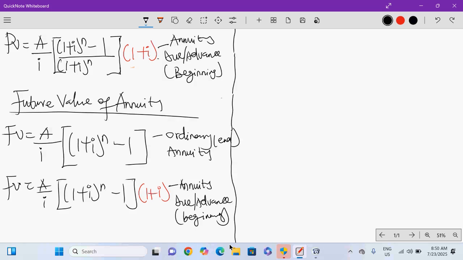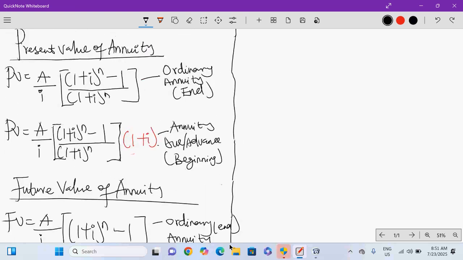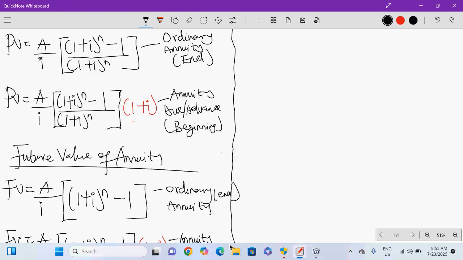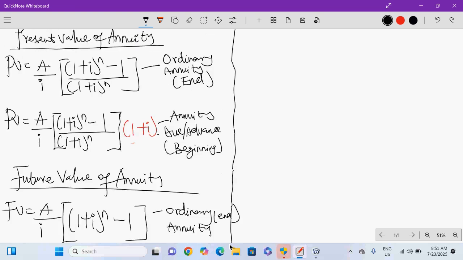So you can see that the only difference between the formulas is that the 1 plus I is attached to the beginning one, whilst the end is not having any 1 plus I. So that's the only difference between the annuity beginning and the annuity end. All right. So these are the formulas, present value and future value. These formulas must be at your fingertips.